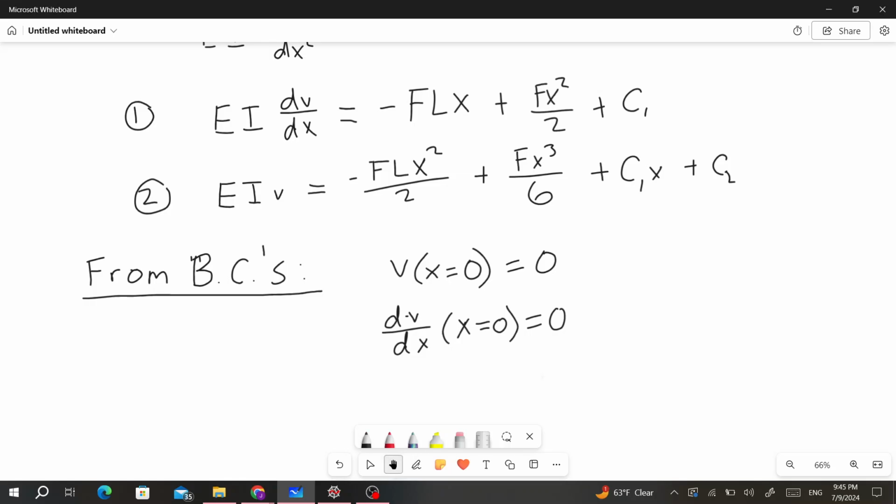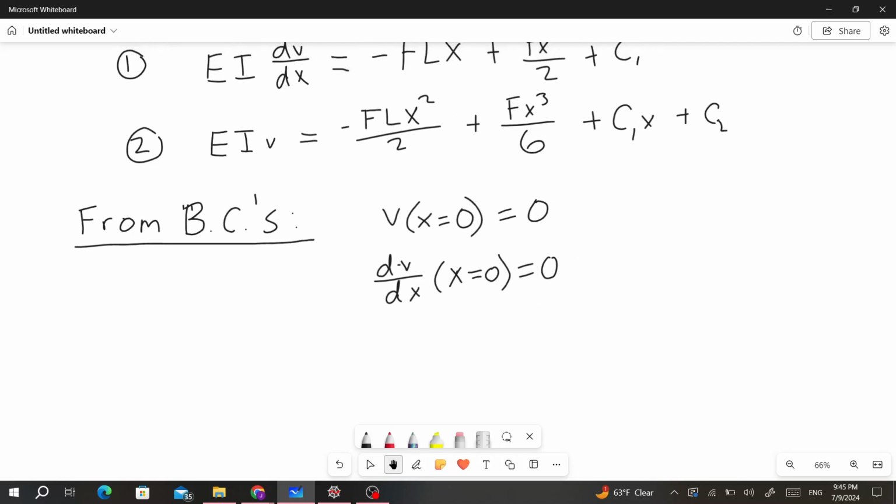Let's start with equation 1. We'll sub in the second boundary condition into equation 1, that dv/dx equals 0 when x equals 0.